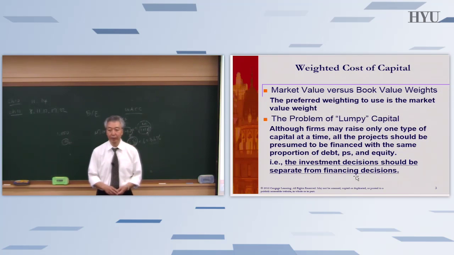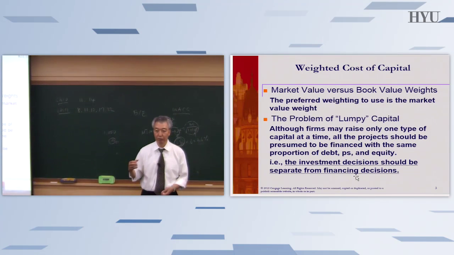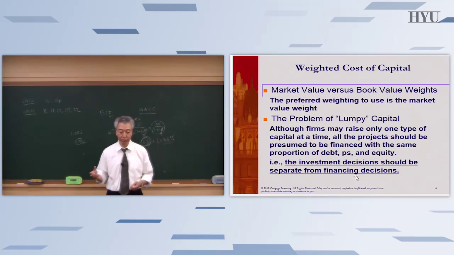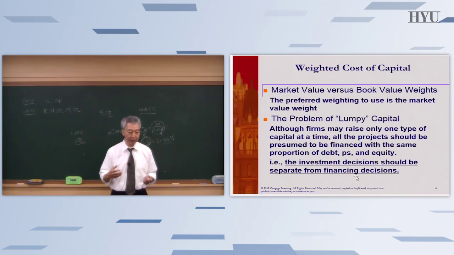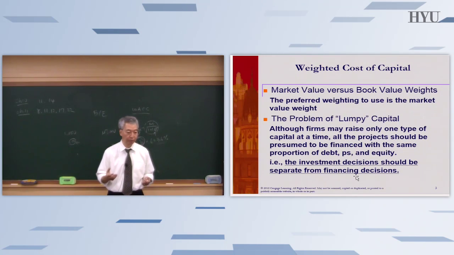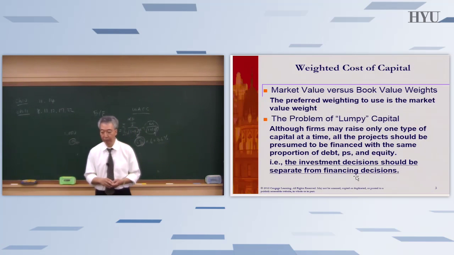So in reality, based on some needs, when the company tries to start new projects, they'll try to raise new capital, and they may raise one type of capital at different times.